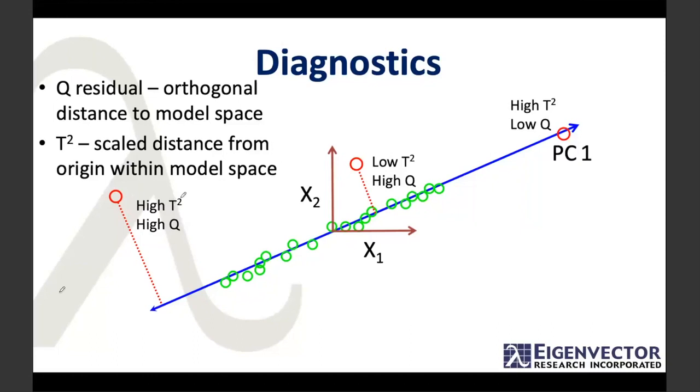T-squared is one step further in that instead of using the original data to calculate this normalized distance, we are using the scores in our data.